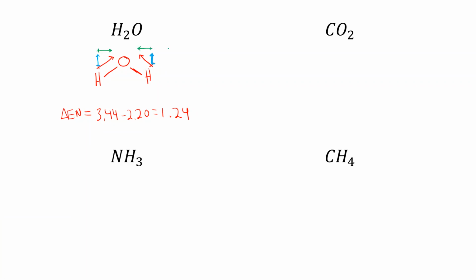So when you add up the green arrows, right? So you add up this green arrow plus this green arrow, right? You're going to wind up with 0, right? They're equal in magnitude, but opposite in direction. Whereas when you add the blue arrows together, right?